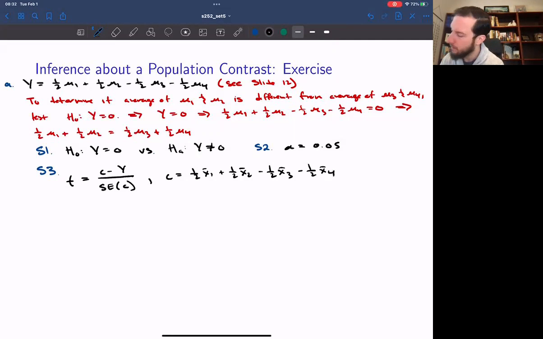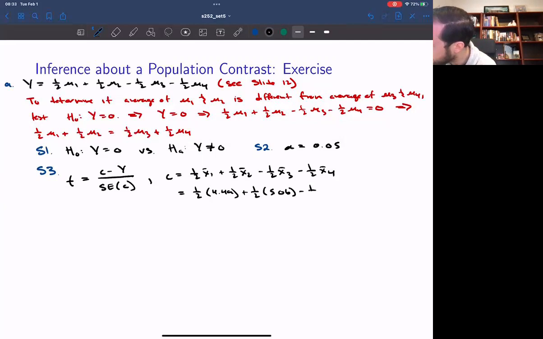So this is going to be 1/2 times 4.49 plus 1/2 times 5.06 minus 1/2 times 5.75 minus 1/2 times 5.99.